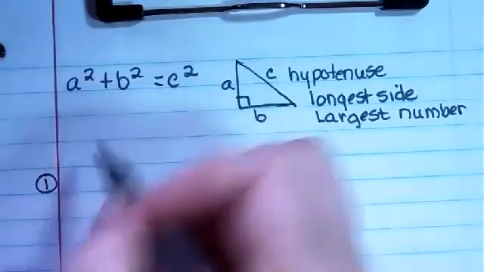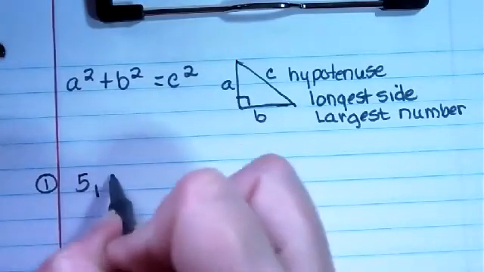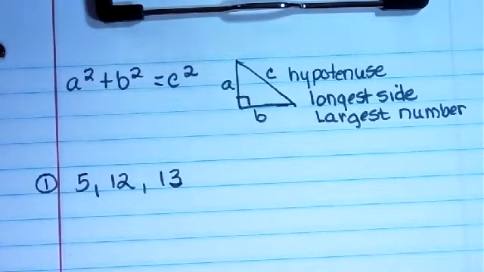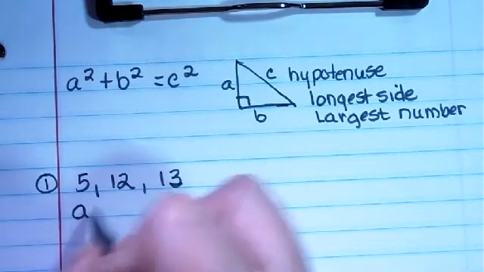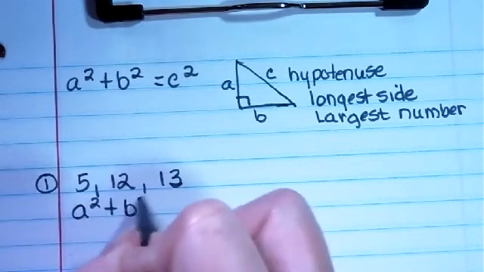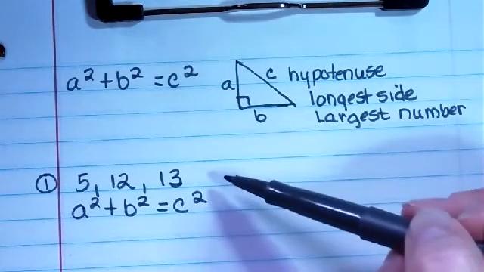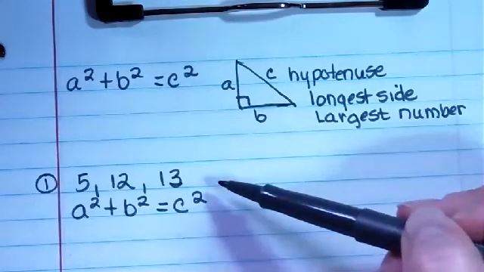We're told our numbers are 5, 12, and 13 in the picture. So I'm going to go to the Pythagorean theorem: a squared plus b squared equals c squared. Notice up here, I wrote them smallest to largest.